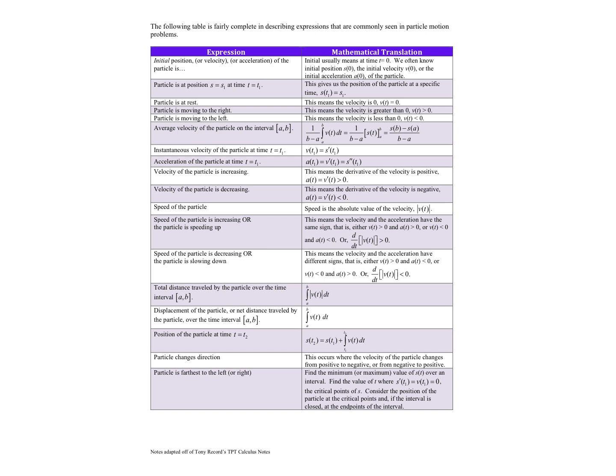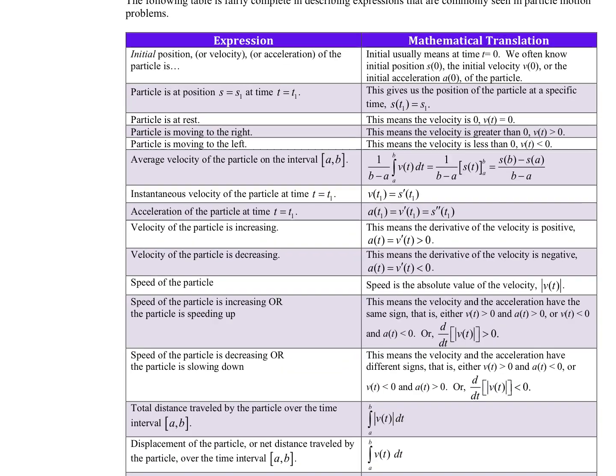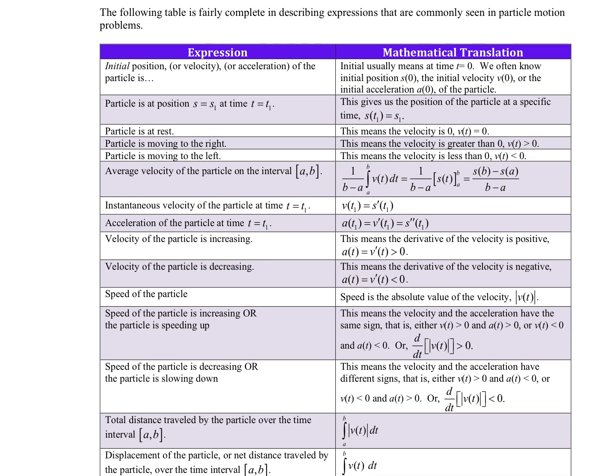Okay, we've talked about all of these things already, but it's just a good spot to go if you're confused with what information you're given or what you're trying to find based on what you have. These few up here talk about your particle at rest, if it's moving to the left, moving to the right. What does that mean about your velocity over there? Here's your formula for average velocity.